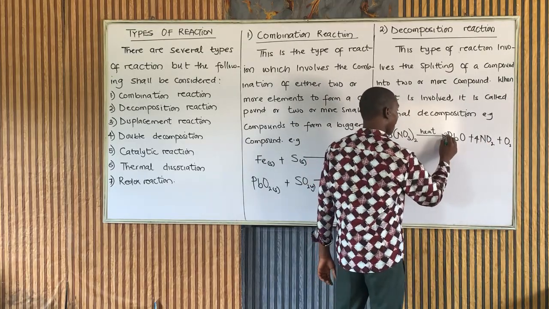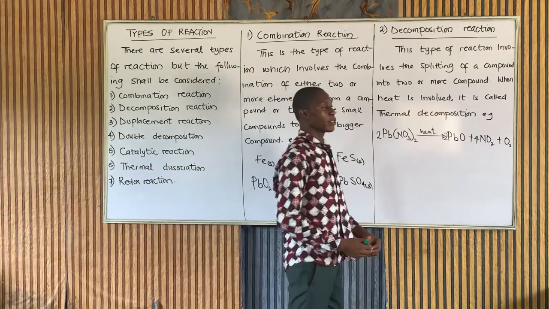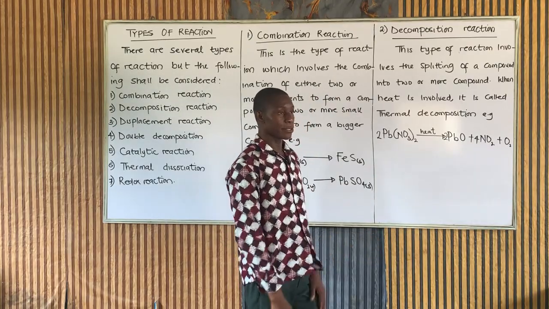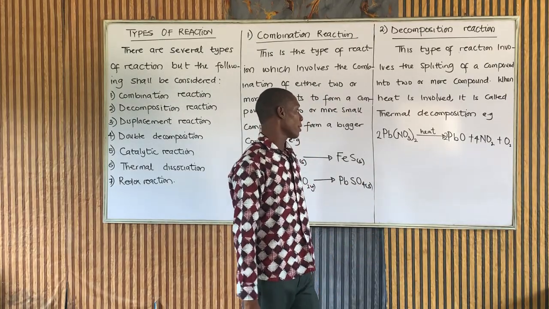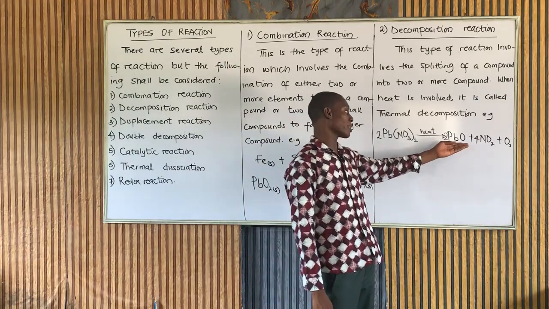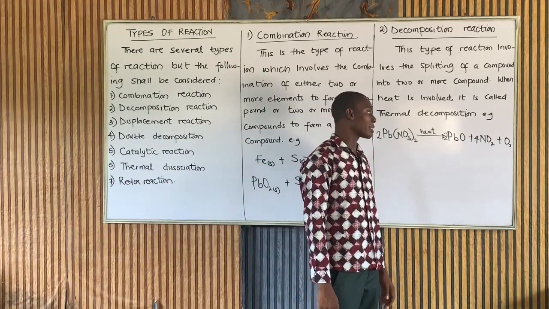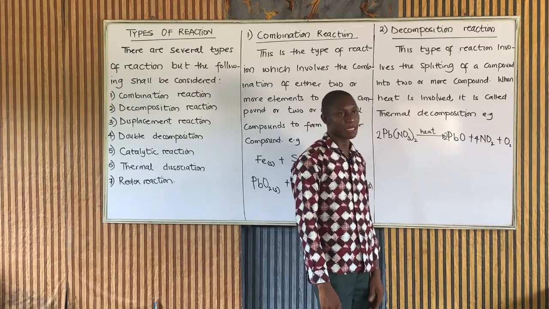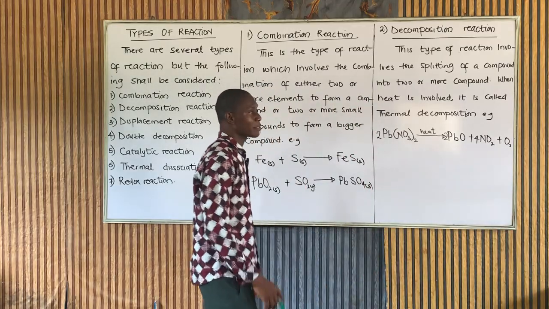So this is a balanced reaction for lead 2 trioxonitrate 5 when it's heated. It splits into lead 2 oxide, nitrogen 4 oxide, and then oxygen gas. And so that's that about that.